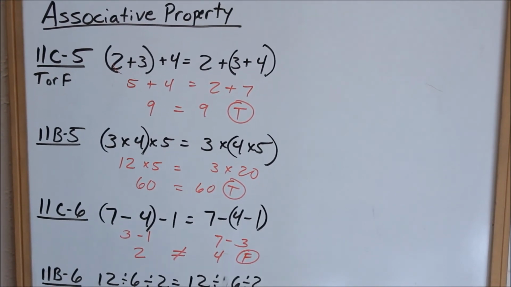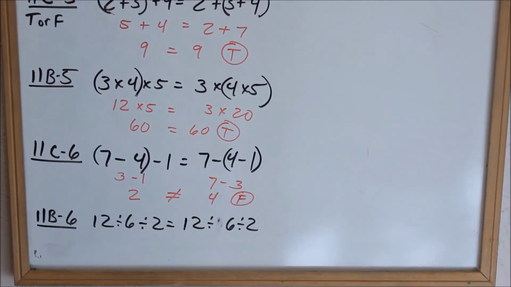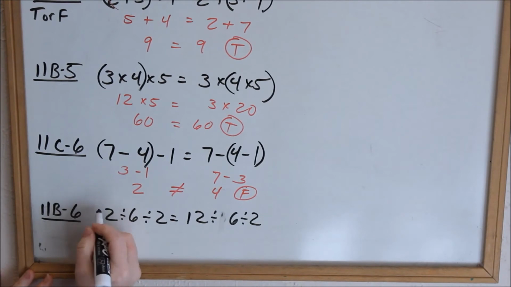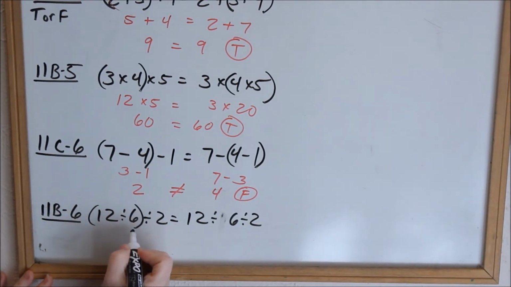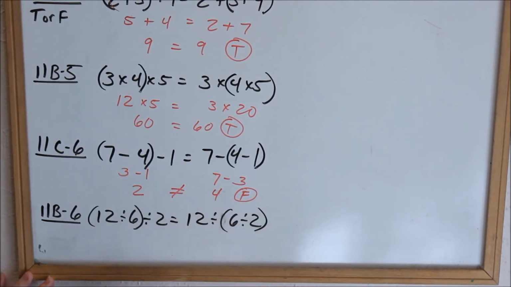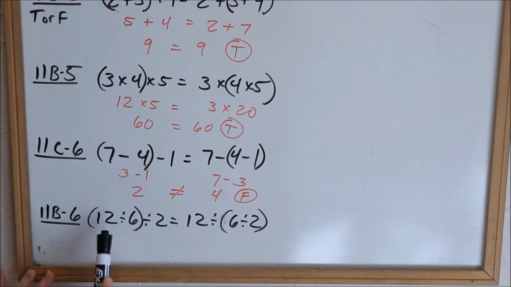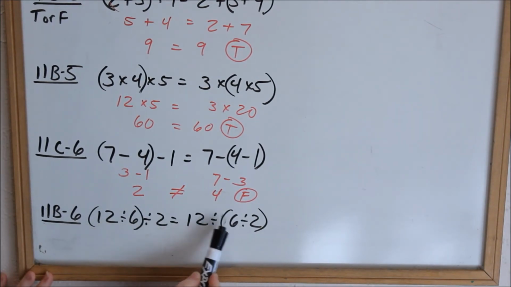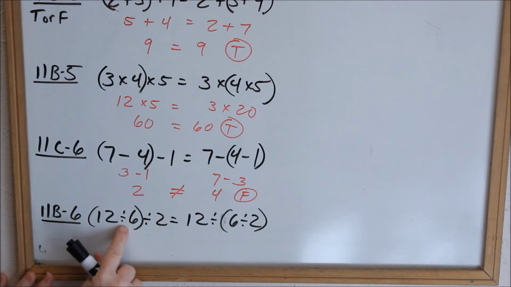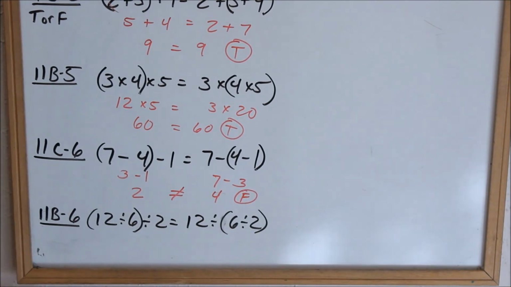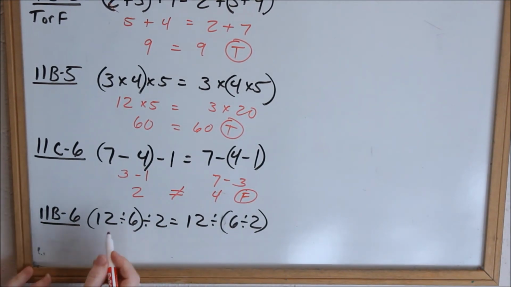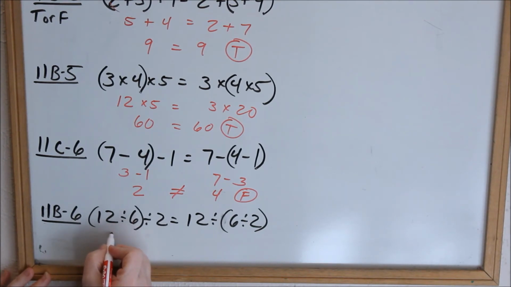Look at 11B6, it will always be false for division as well. So again, 12 and 6 are hanging out this week. Now 6 and 2 are hanging out next week. If you look, the numbers are the same: 12, 6, 2, 12, 6, 2. It's just a matter of these two are hanging out, then these two are hanging out. So do your parentheses first. 12 divided by 6, that would be 2, and then divided by 2.